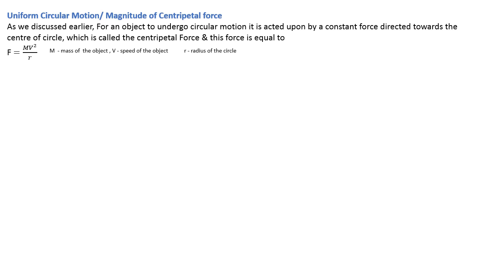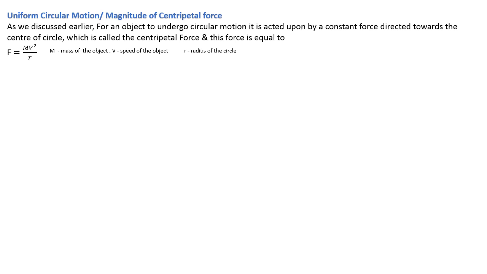When the object covers equal distances in equal intervals of time in a circular path, we say it is a uniform circular motion. As we discussed in our first video, uniform circular motion is due to the centripetal force. The force responsible for that circular motion is the centripetal force.